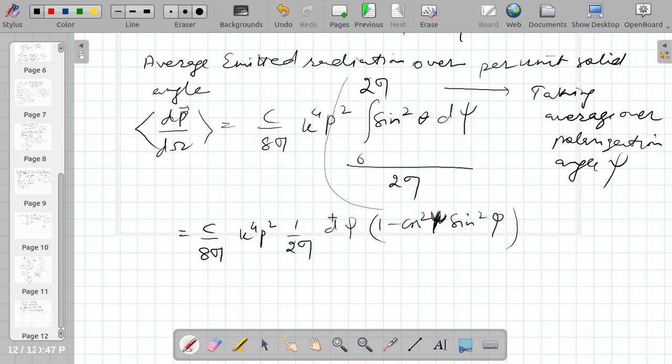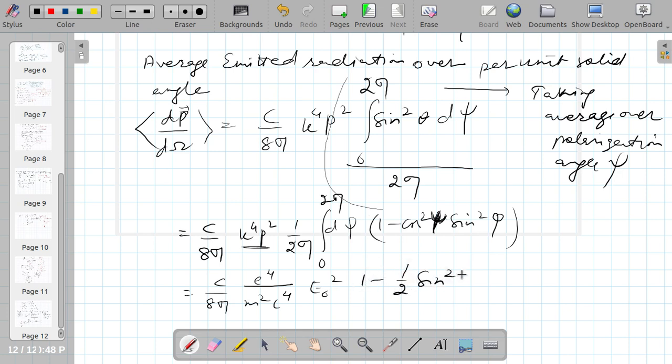And now I have taken the integral from 0 to 2 pi, right? And this integral will become C over 8 pi, and when I substitute its value, it is e raised to power 4 over m square c4 e naught square, and its integral will become 1 minus 1 by 2 sine square phi.